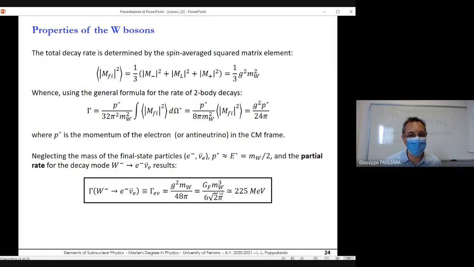And when you calculate, you just put in numbers. The value of the Fermi constant is 1.1666 times 10 to the minus 5. The mass of the W, 80 GeV, and then you convert the result in MeV, you obtain 225 MeV. So what we got here is that the partial width for the specific decay mode, the W into electron antineutrino, is 225 MeV.